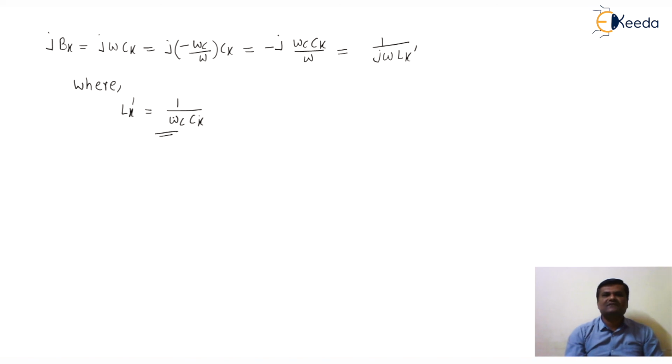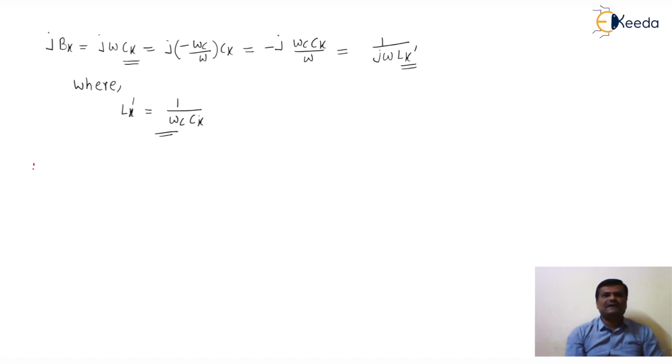Friends, now see carefully. In the low pass prototype, in a shunt branch there is a capacitance, but it is interchanged in the high pass filter by an inductor. There is an interchange of components.